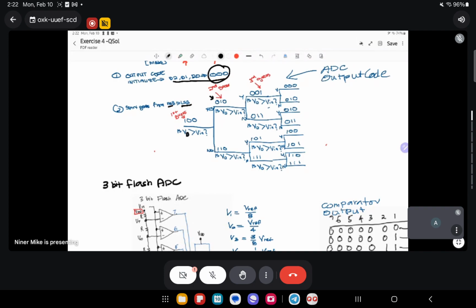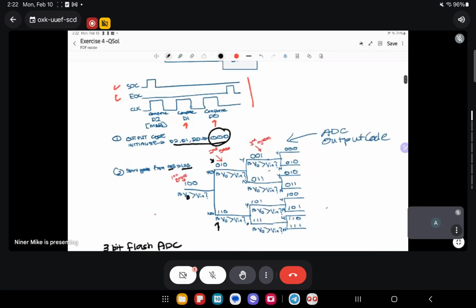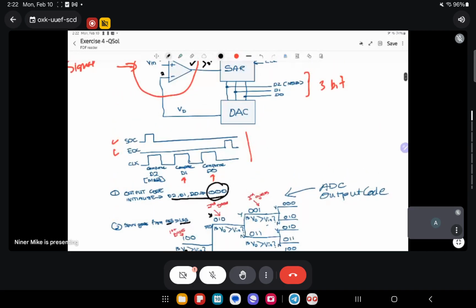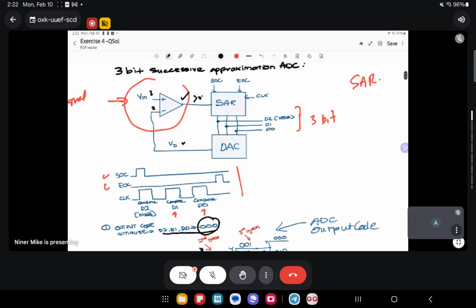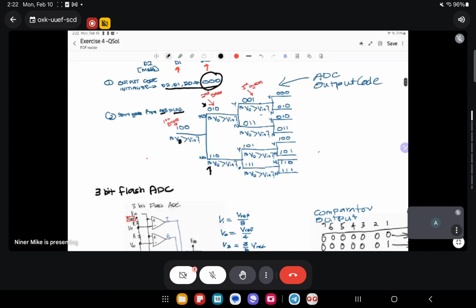If VD is less than V in, then we maintain this one, and the first bit is 1. Okay, the first bit is 1. So that's the first step. Either it is greater or less than V in, you put VD here, right? Okay, and then go on to the next.